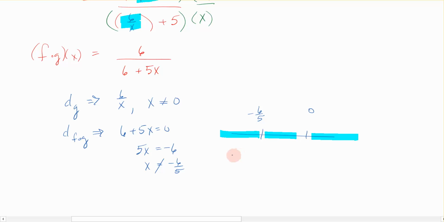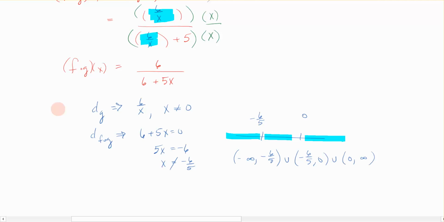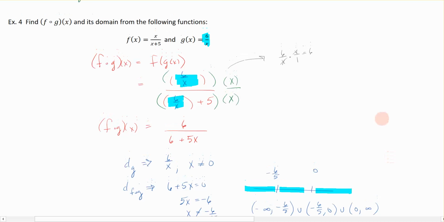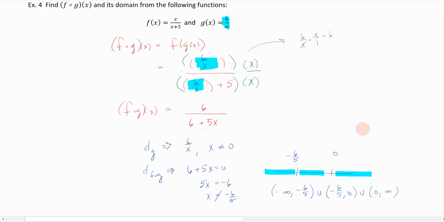So my domain looks like negative infinity to negative 6/5 union negative 6/5 to 0 union 0 to infinity. That's how you find the domain on a composition function such as this. It gets really tricky when you have these rational expressions that you are composing, but this is the process that you go through.